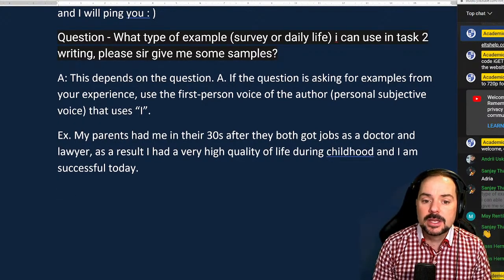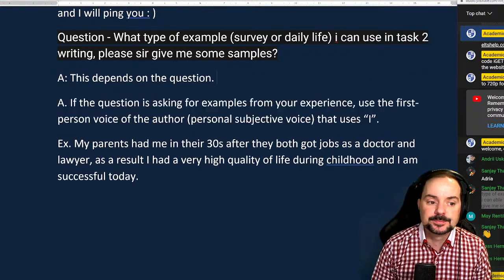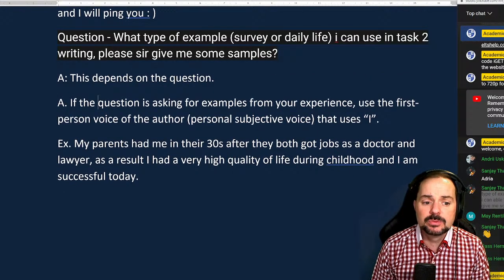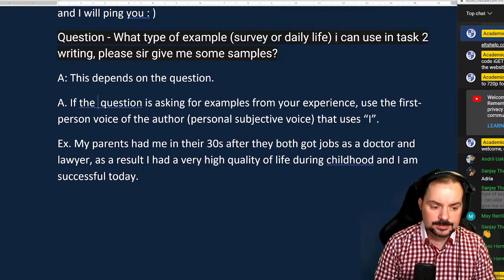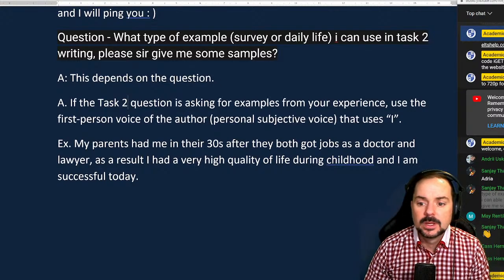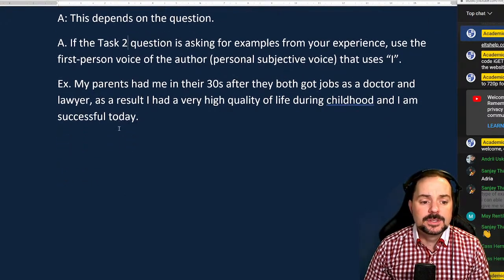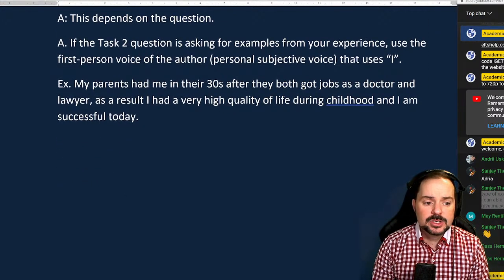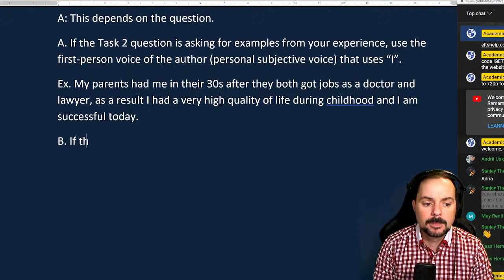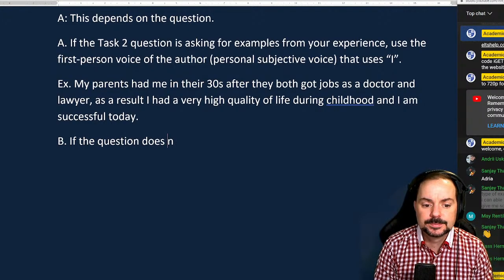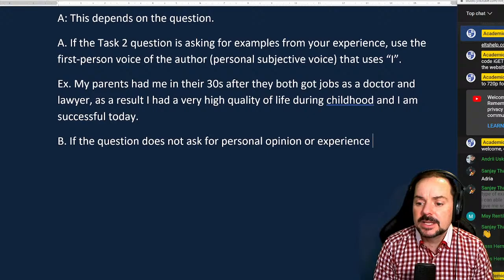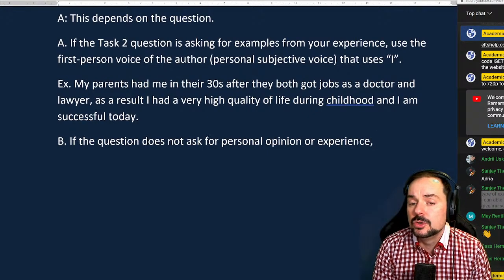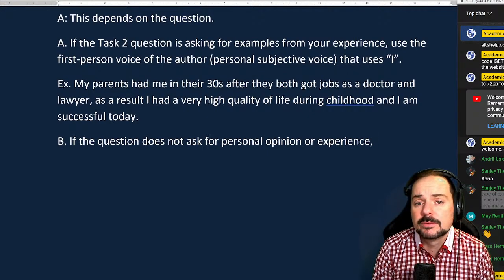So if the question, and by question we mean the task 2 writing question, does not ask for your personal opinion, then it's best to use the third person voice of the author.